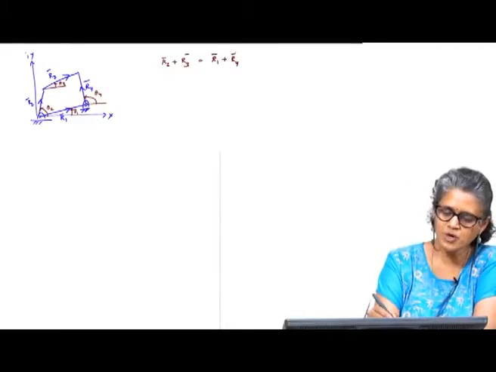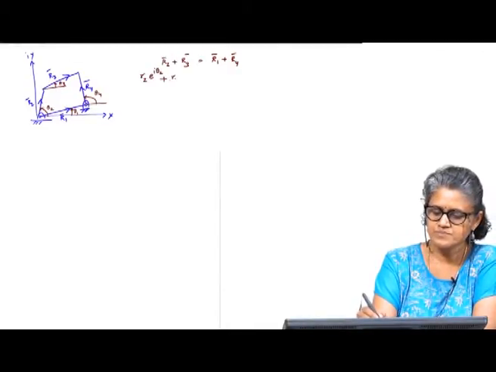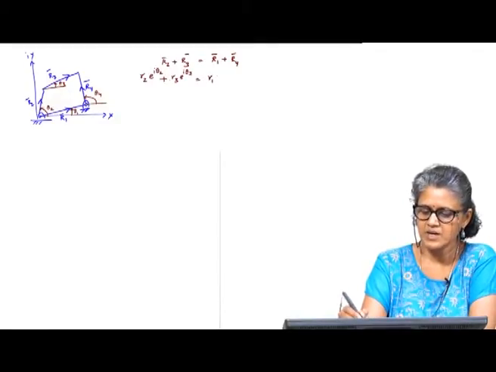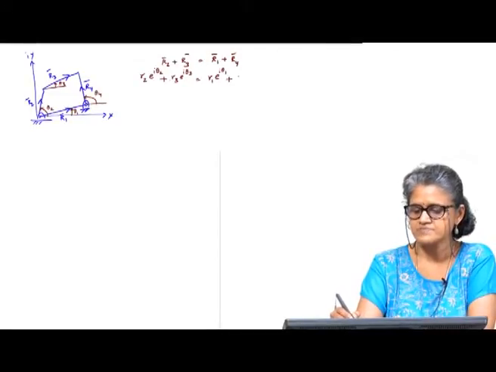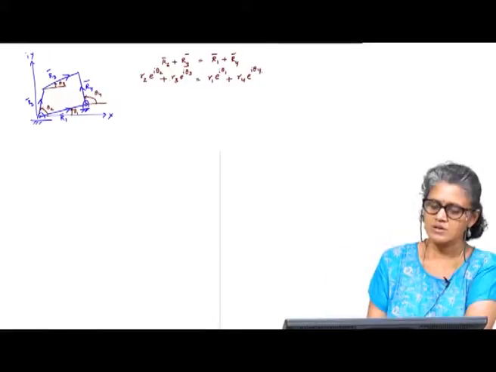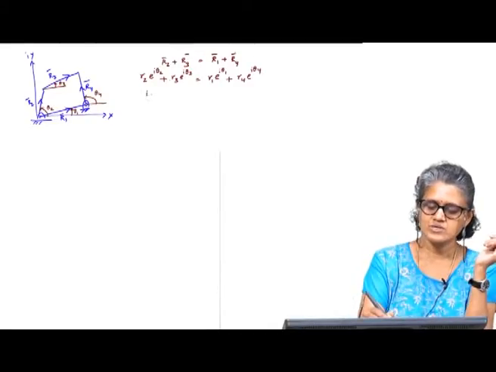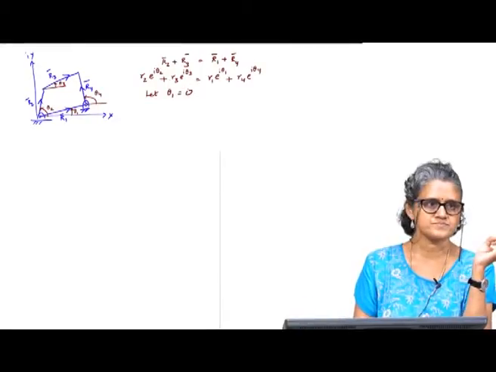In complex form, R1 e power i theta 1 plus R4 e power i theta 4. For simplicity, I can always choose my x y such that theta 1 is equal to 0.